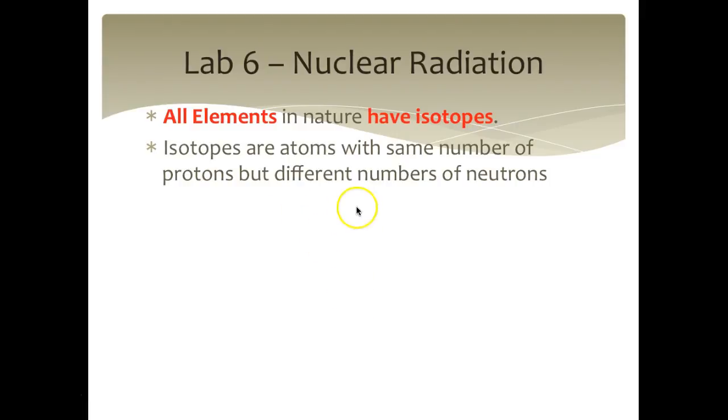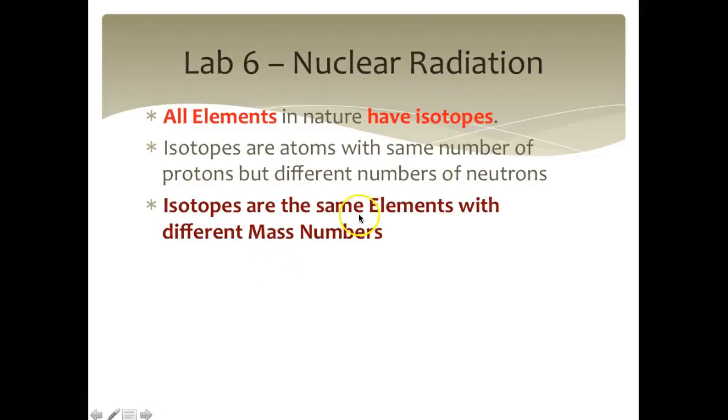So deuterium is going to be heavier than ordinary hydrogen by 1 mass unit, and tritium, which is the other isotope, is going to be heavier than the ordinary hydrogen by 2 mass units, because it has 2 neutrons, including that one proton, all right?